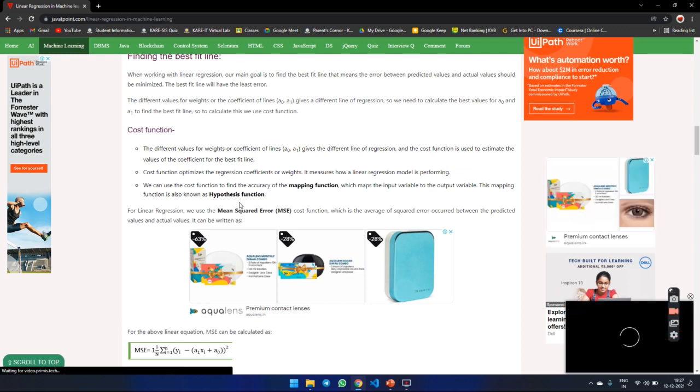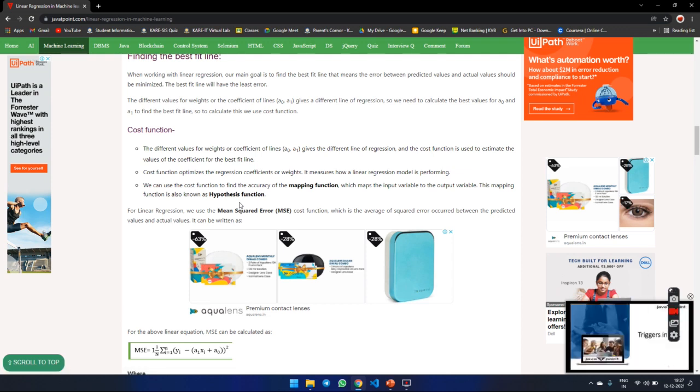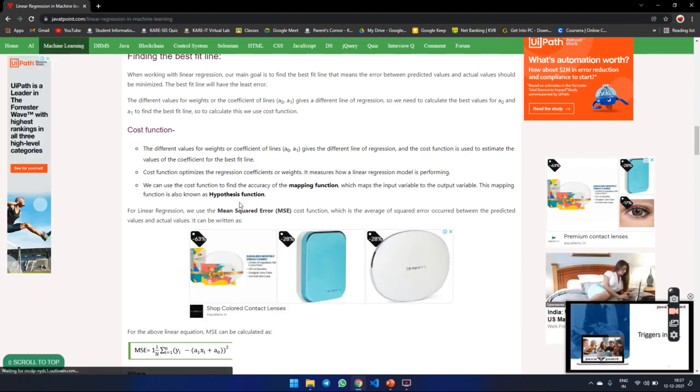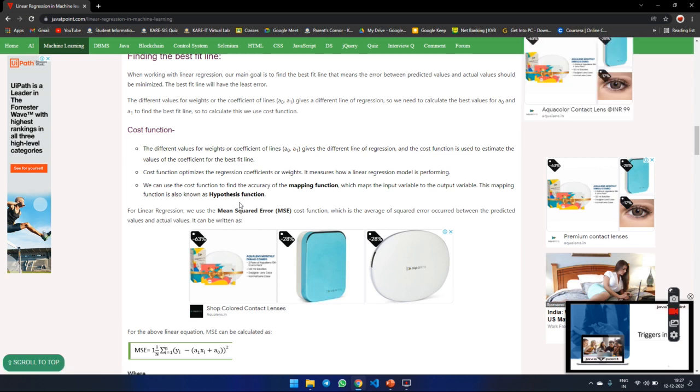We can use the cost function to find the accuracy of the mapping function, which maps the input variable to the output variable. This mapping function is called the hypothesis function. For linear regression, we use the mean squared error, that is MSE, as the cost function, which is the average of squared errors between the predicted value and the actual value.